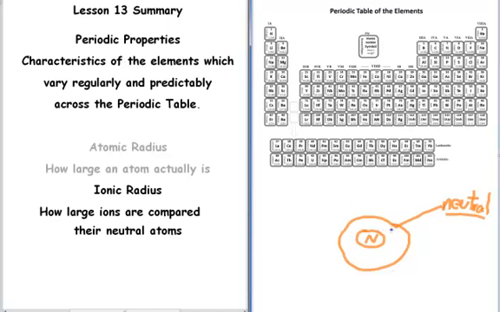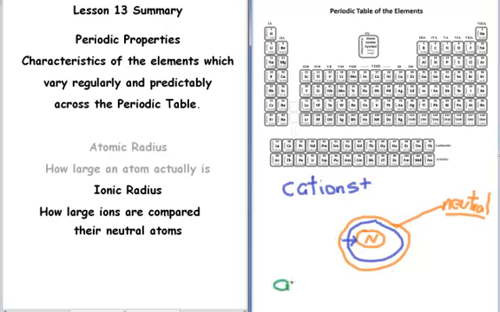If an atom loses electrons, it becomes a cation, meaning it has an overall positive charge. When we have an overall positive charge, the protons are able to pull harder on the electrons, and the radius of the ion is actually smaller than the neutral atom's radius.